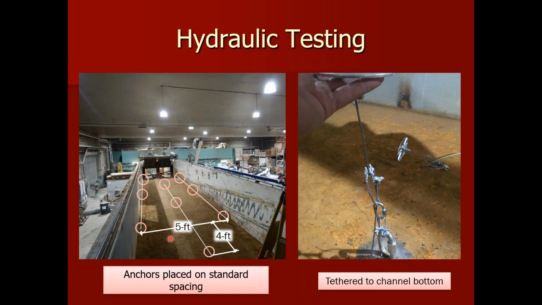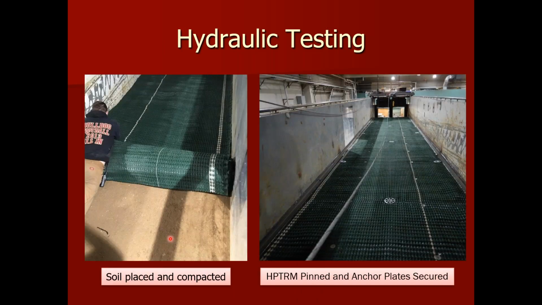So not too tight, not too loose, as Mama Bear says, just right, to have a spacing of those anchors. And one of the things we wanted to know is, does that spacing have an effect on the performance of the system? So put the soil in, compacted it, put the TRM down, pinned. You can see the pins running down, and then the anchors in an offset pattern throughout the width of the flume and length of the flume.